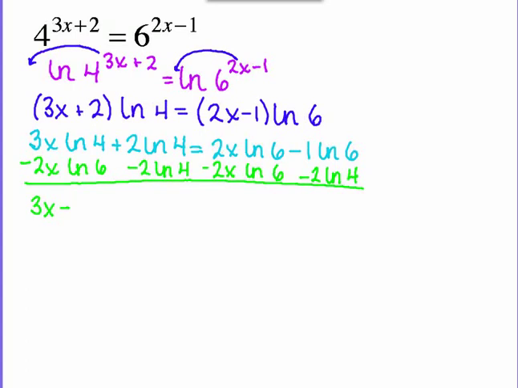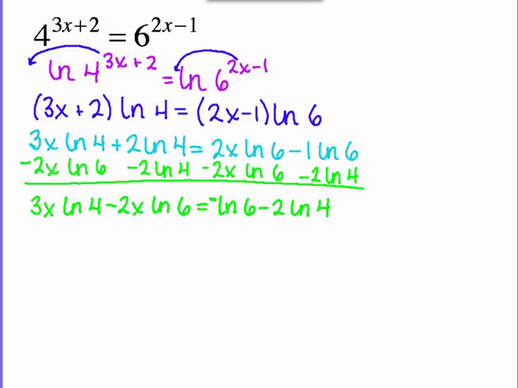What did I forget? 3x ln of 4 minus 2x ln of 6 equals ln of 6 minus 2 ln of 4. It's negative ln 6, yep, good call. I should have put negative 1, and then that would have been better. So negative ln of 6.